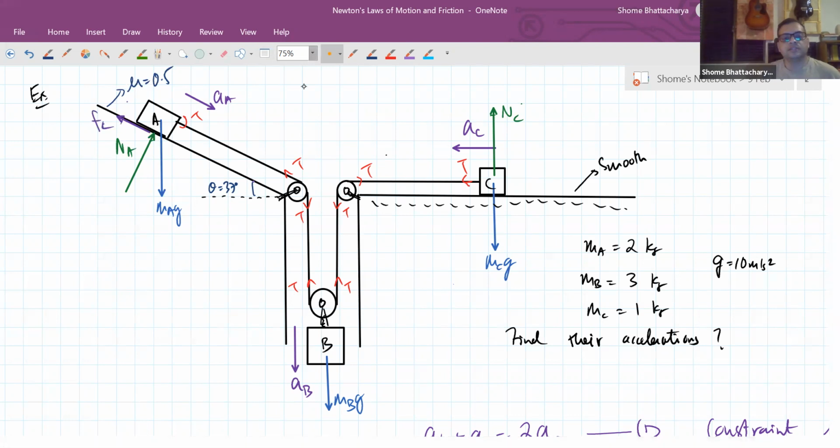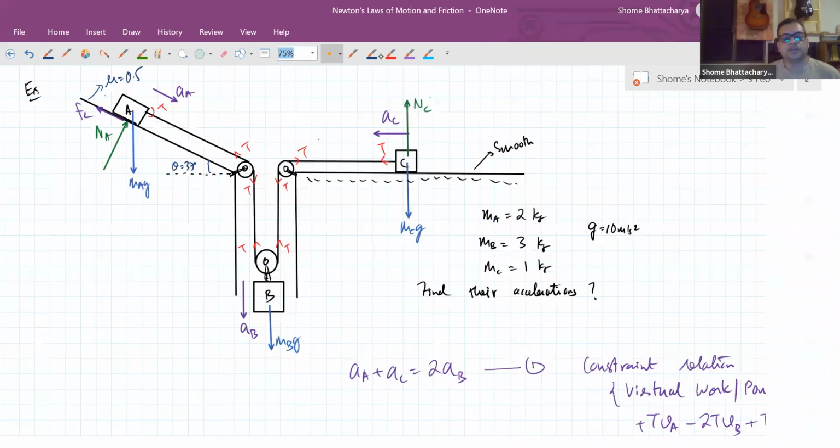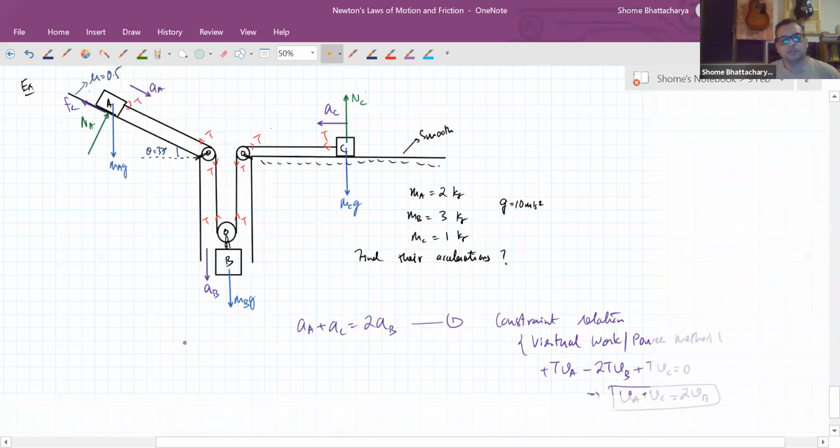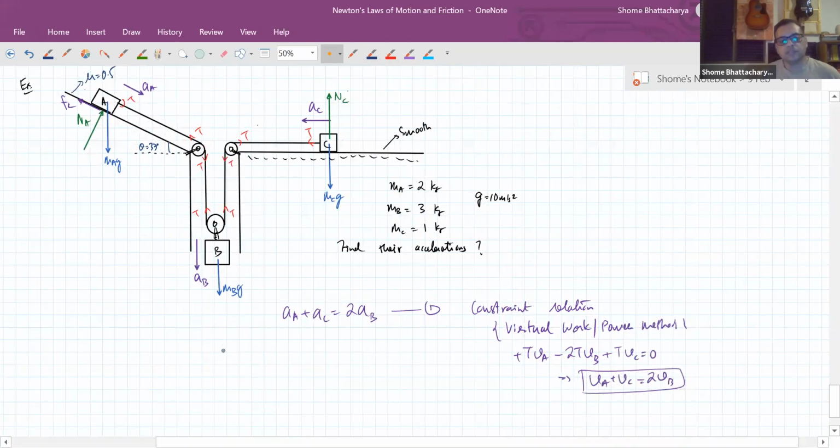So now we can write the additional free body diagram equations for each one. So for the block A, we can see that T plus its weight sine component minus kinetic friction on it is equal to mass into acceleration. Whereas normal reaction will balance its weight cos component.